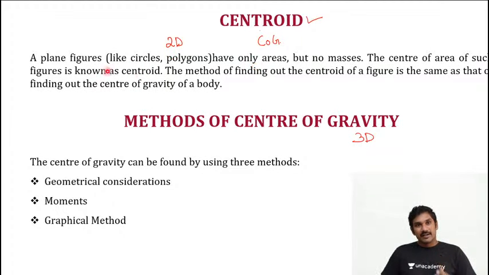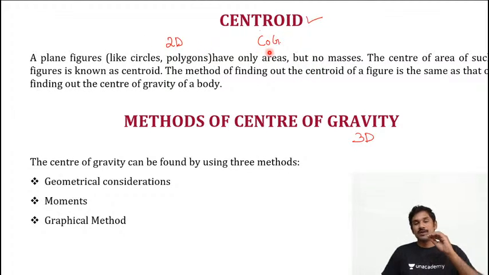Okay, so let's clear why two-dimensional and what is a two-dimensional. Plane figures like circles and polygons, like rectangle, hexagon, pentagon, have only areas and there are no masses, and that's why I have simply written it as two-dimensional.